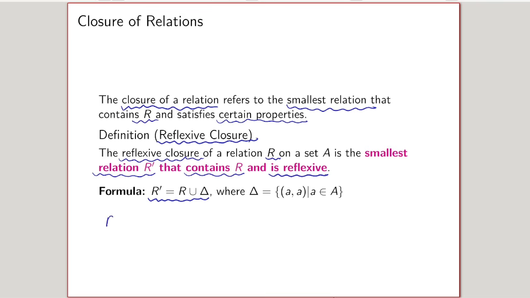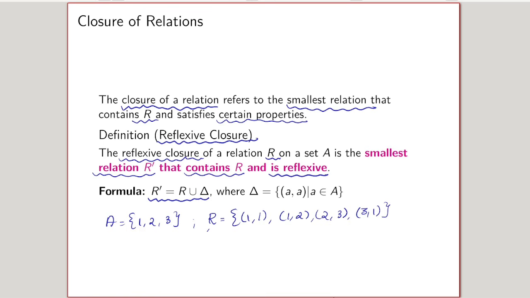If I take the set A as 1, 2, 3 and the relation R defined on A as (1, 1), (1, 2), (2, 3), (3, 1).